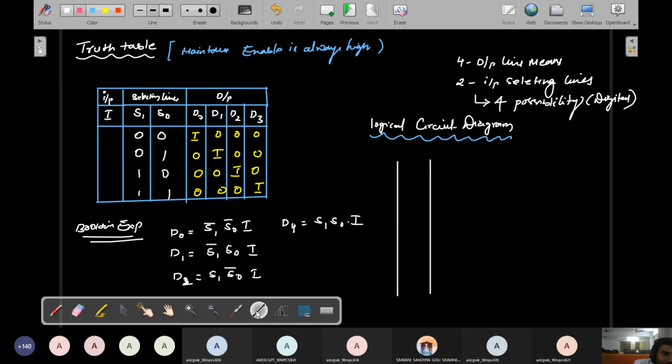I use another color for the complementary lines. These are the complements, and I am connecting them through a NOT gate.